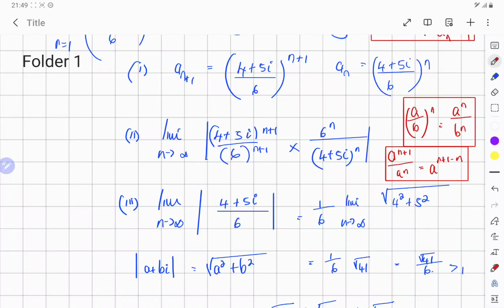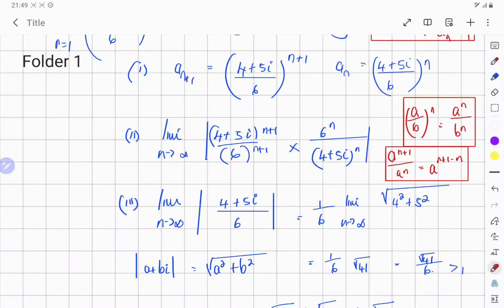That's very important. You should be familiar with that. Hence, I just end off with 4 plus 5i. The same here, the bases are the same. So I can see here that I'm left with 6 at the bottom. Now, very important, I can take my constant outside.